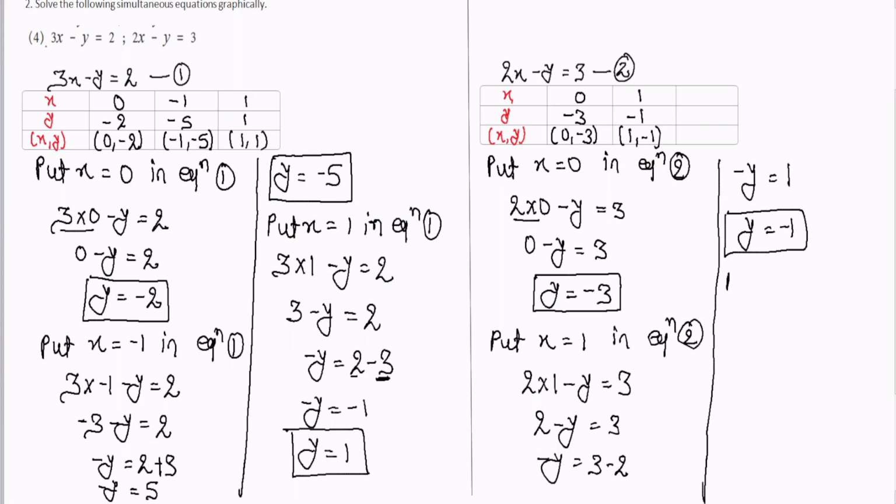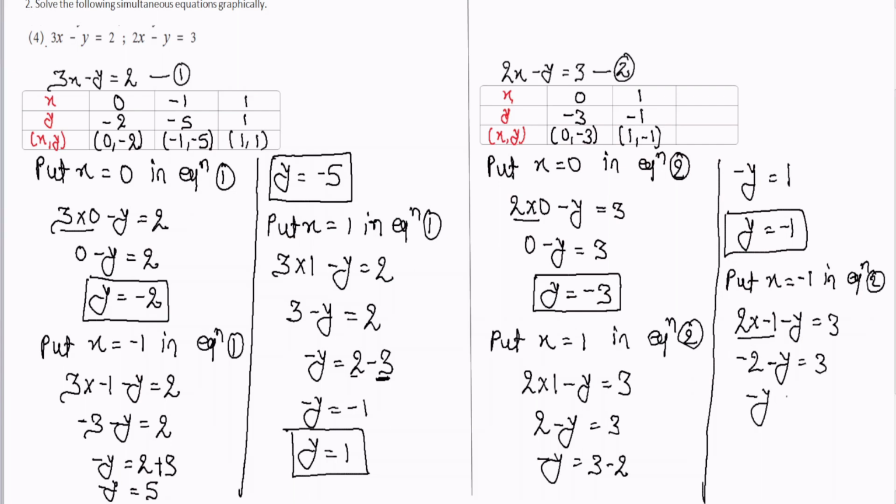And the last value, put x is equals to minus 1 in equation 2. So it will be 2 into minus 1 minus y is equals to 3. So it will be minus 2 minus y is equals to 3.